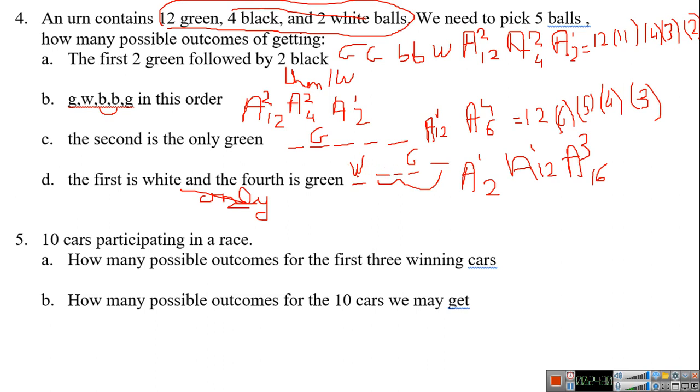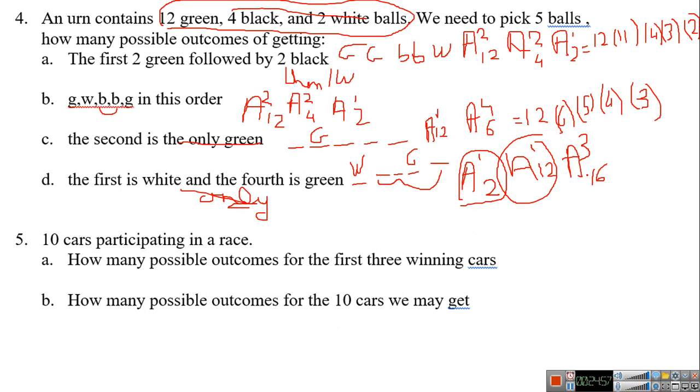The only white is the first one and the only green is the fourth one. So the second, the third, the fourth can be anything. Because I have 2 conditions here already, I have picked 2 balls. So instead of having 18 in the urn, now I still have only 16.